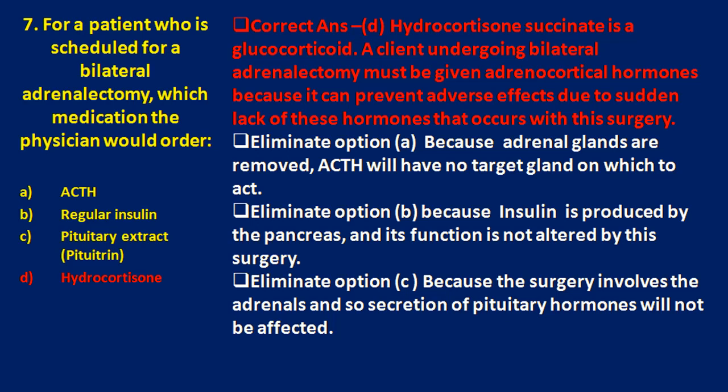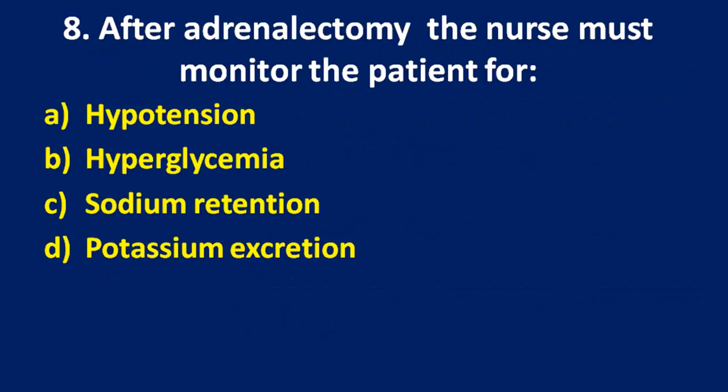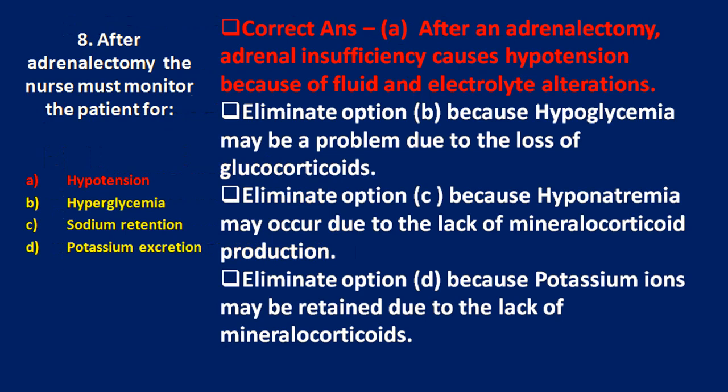After adrenalectomy, the nurse must monitor the patient for option A, hypotension, option B, hyperglycemia, option C, sodium retention, option D, potassium excretion. The correct answer is option A, hypotension.